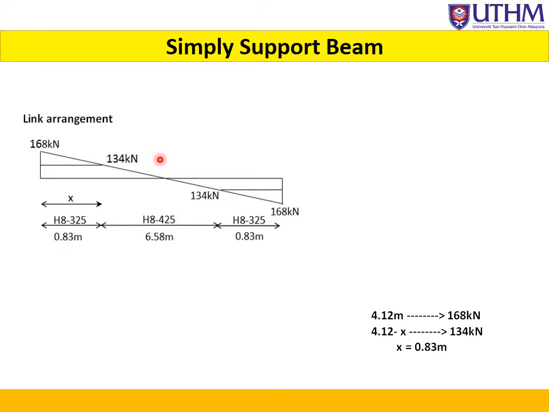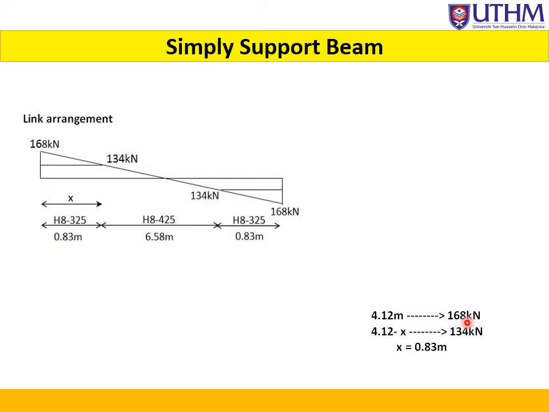And we also know half of the beam effective length is 4.12 meter. Half beam effective length is 4.12 meter, having the maximum shear force of 168 kilonewton.